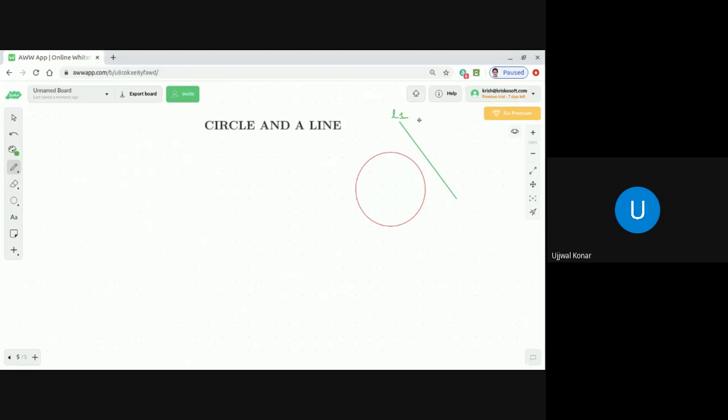The second straight line I'm going to draw in blue color, and suppose I give this straight line the name L2. And now let me draw another straight line, and we give the name of this straight line as L3. So there are three straight lines, L1, L2, L3.